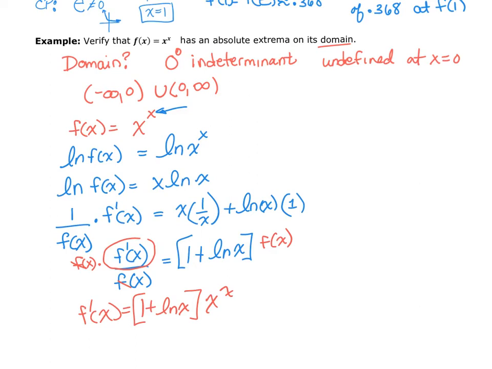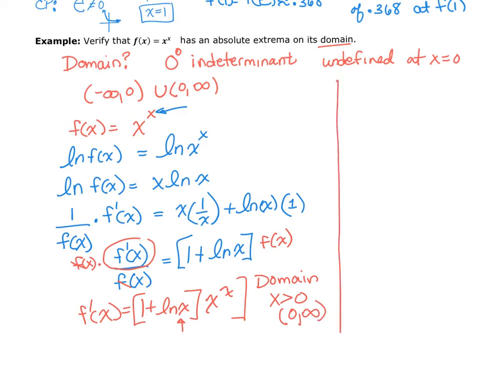What is the domain of this? Well, since it's a natural log, we cannot take the natural log of anything that's 0 or negative. Our domain here is going to be x greater than 0, or alternately 0 to infinity. So let's now find our critical points.